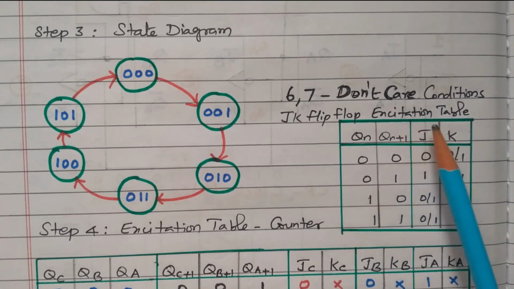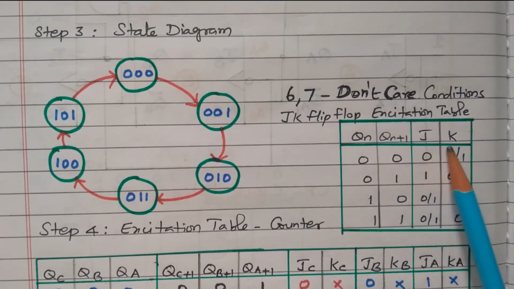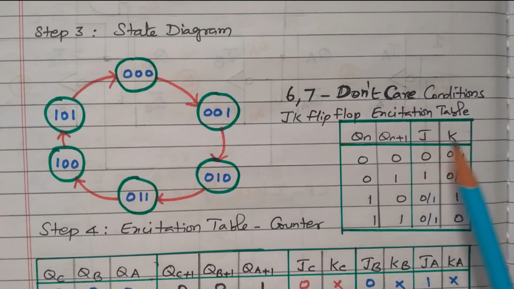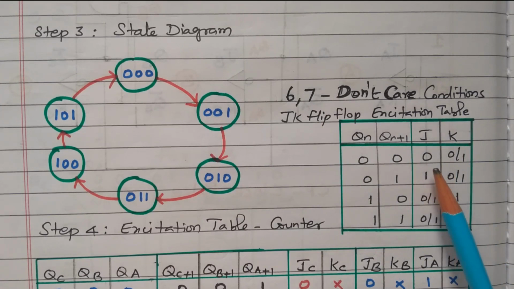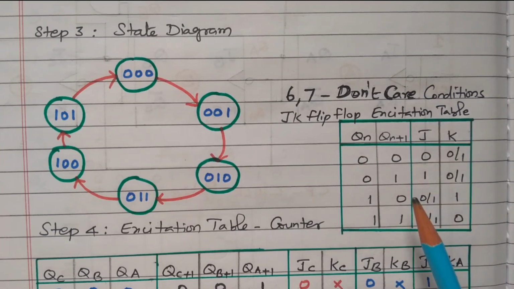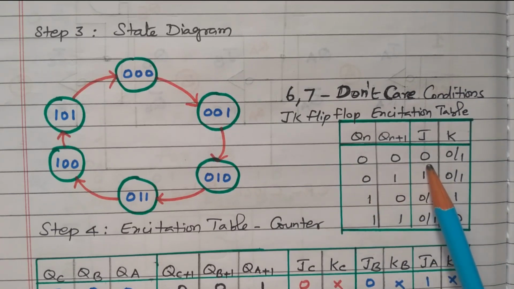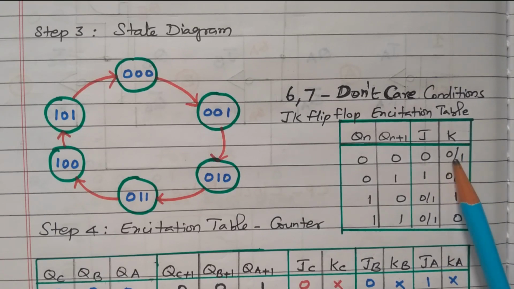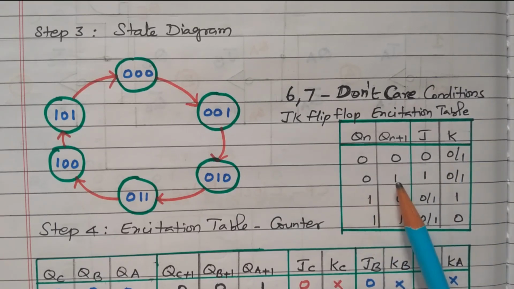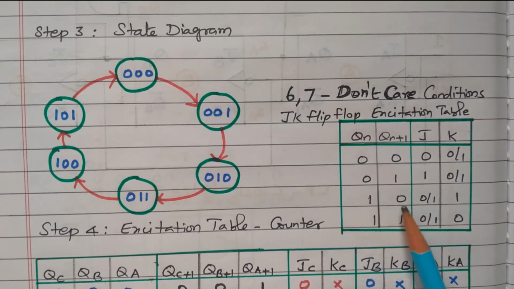The excitation table is obtained from the current state and next state, and from these we identify the required inputs J and K. A truth table gives the output from the input; here, from the output, we identify the input required. For example, if the current state and next state are both 0, there is no change, so J is 0 and K may be 0 or 1, that is X. If the current state is 0 and the next state is 1, J equals 1 and K is X. Similarly, for 1 to 0, J is X and K is 1.